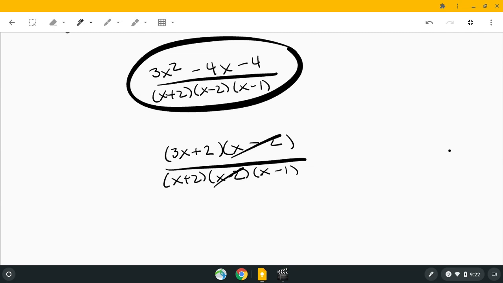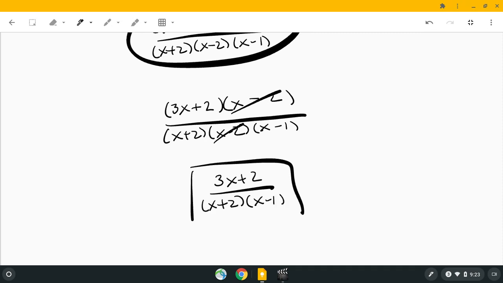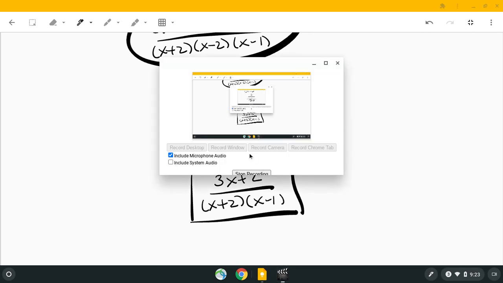Okay, so the final answer is actually 3x plus 2 over x plus 2, x minus 1. Okay, so that is it for 6.3, adding and subtracting. Okay, don't forget to message me if you have any questions.